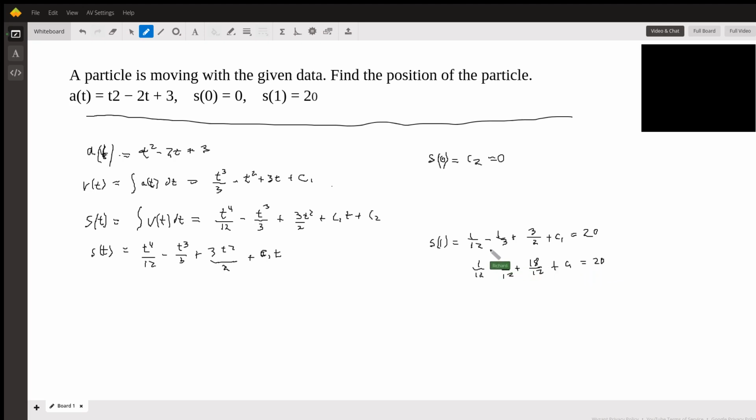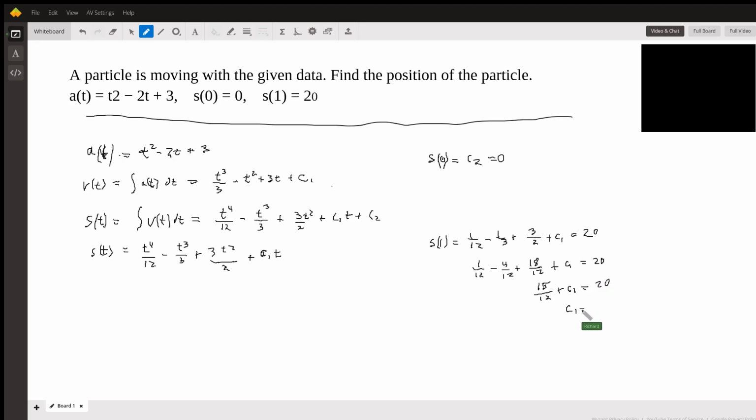So we just get a common denominator going here. So 1 minus 4 is negative 3, plus 18, so it's going to be 15 over 12 plus C1 is equal to 20.